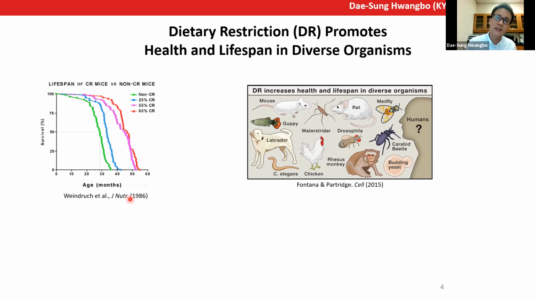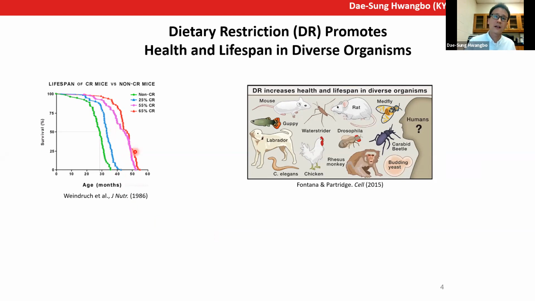So for example, this is one of the old studies in mice. Green one is at Louisville. If you cut down food intake a little bit, like 25%, you have this much of a lifespan extension. If you cut down more, then you see this much of lifespan extension.